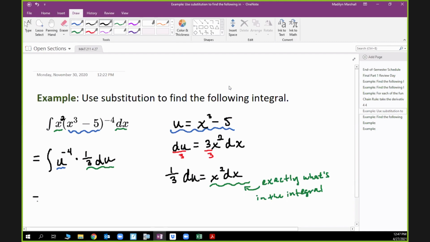And I recommend moving that 1/3 out, and you can actually write it with that 1/3 on the outside right off the bat. It's just nice to have it out of the way so that now our integral is just u to the -4.